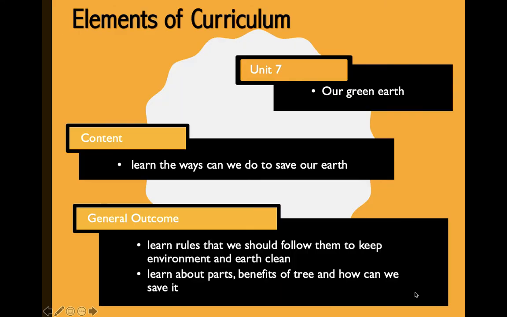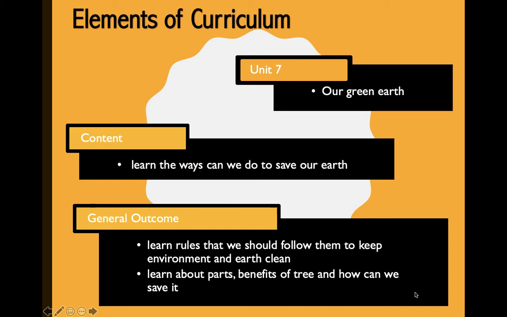Now we'll talk about elements of curriculum. As I said, this is unit 7. The title of the unit is Our Green Earth. So let's start with content.